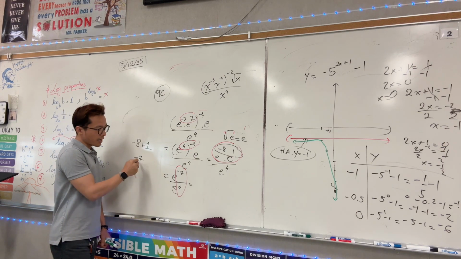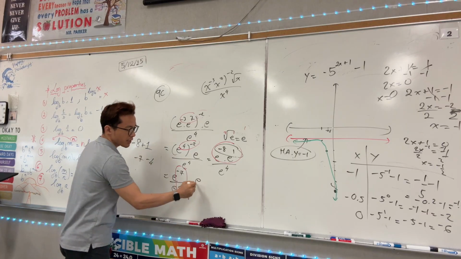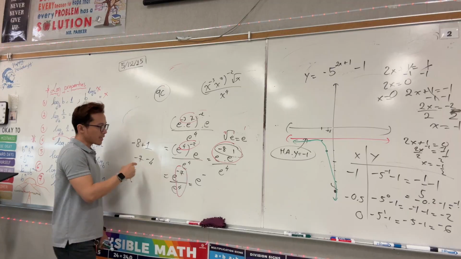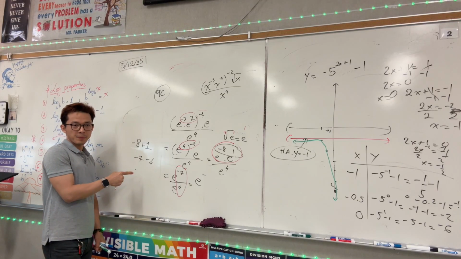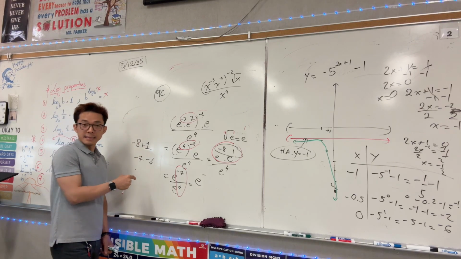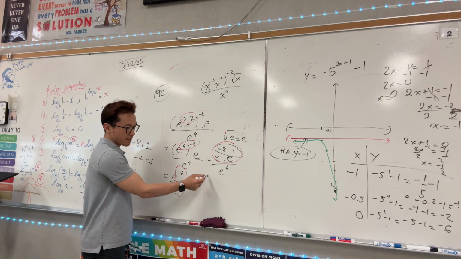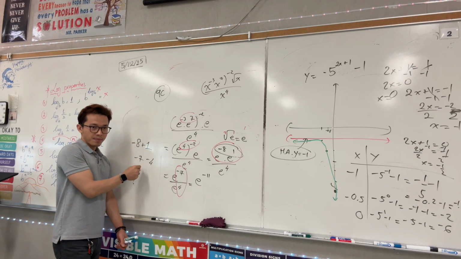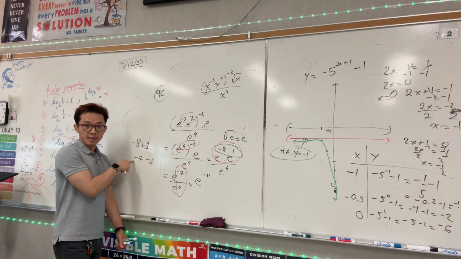So negative 7 minus 4 is e to the power of what? Same sign, you add them, and then you keep the sign of the bigger number.